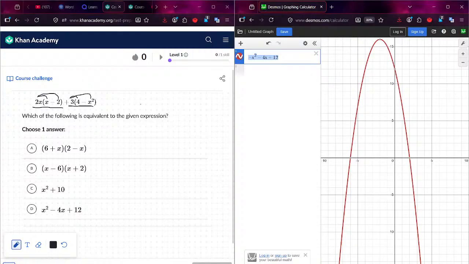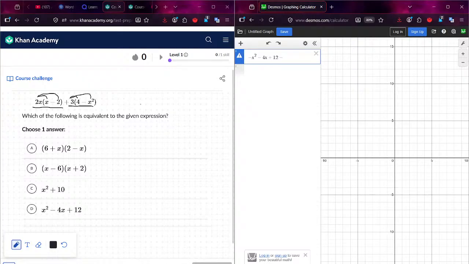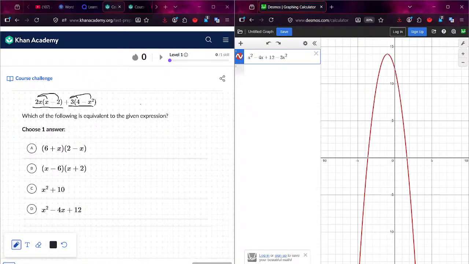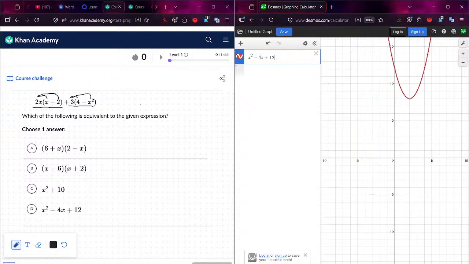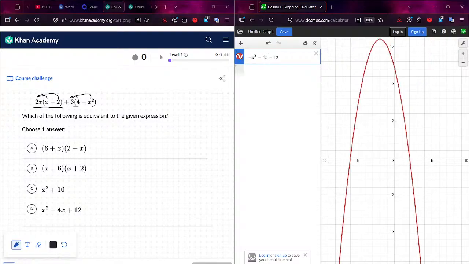Okay, wait, yeah, so it's going to be negative x squared. So this answer is not going to be correct. I doubt it's correct. Okay, so we need to FOIL it. Why?